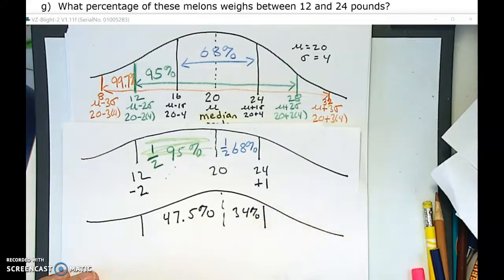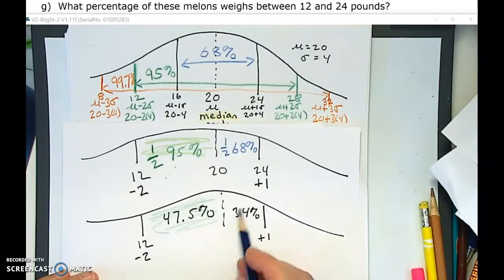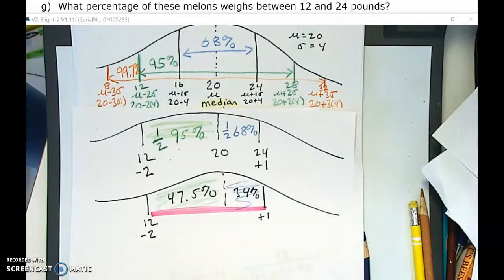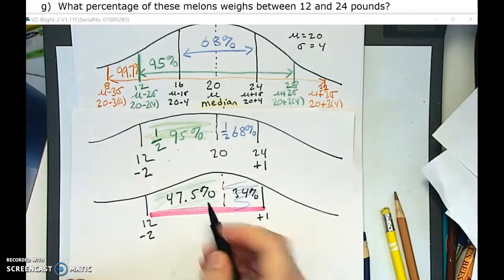So there's your 47.5, which was the minus 2, and your 34, which was the plus 1. I'm going to color code them to go with the colors we had above. We add those two up, and when we add them up, we get 81.5%.